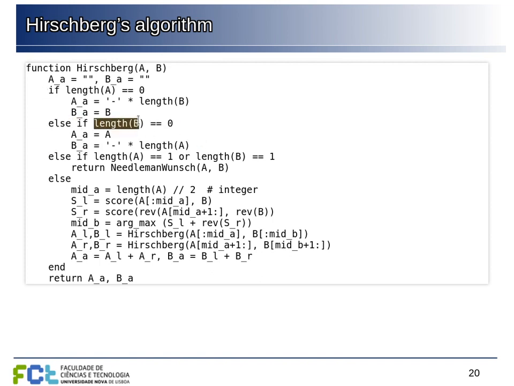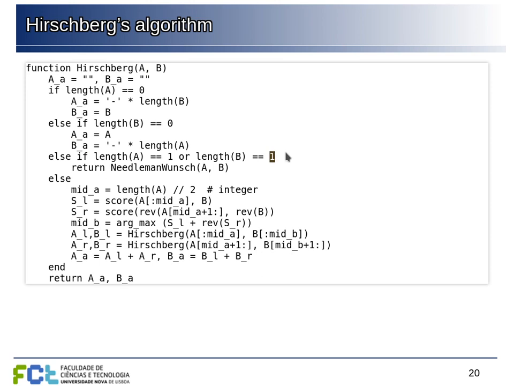So if B is empty, then we just keep A as it is, and we fill in as many gaps as necessary on the alignment string for B. Another possibility is that one of these, either A or B, has only one symbol.